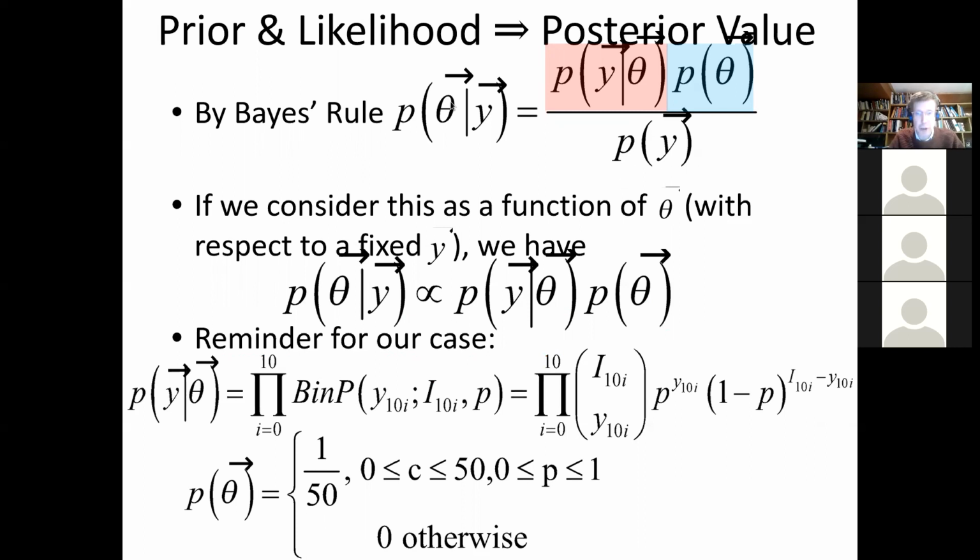If you multiply both sides by P of y, you'll have P of theta given y times P of y, which is just the joint probability of theta and y. P of A given B times P of B is P of A and B, the joint probability distribution of both A and B.